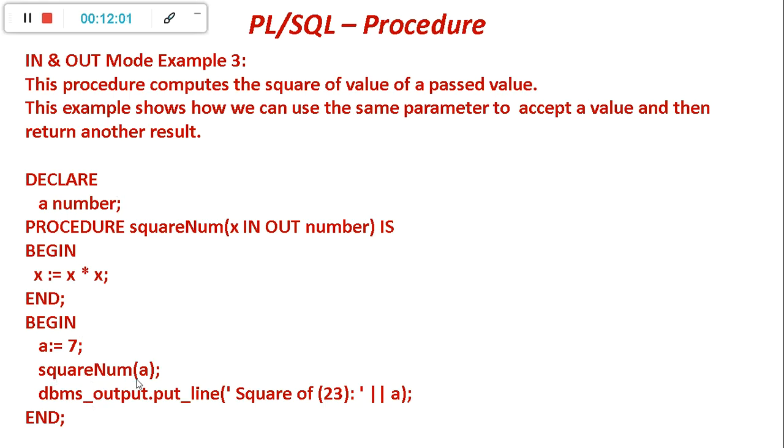We are calling this particular procedure using this PLSQL block. Here a is assigned the value 7 and this is the procedure call. So immediately this procedure will get executed and the result will be returned to this calling point and the result is displayed here. We will see the demo for this.